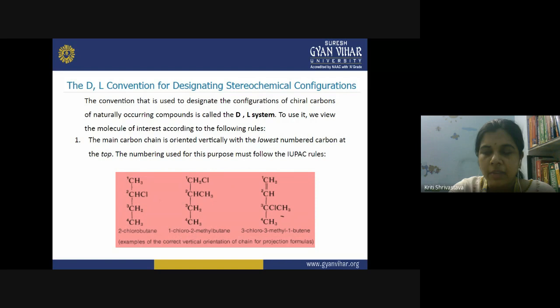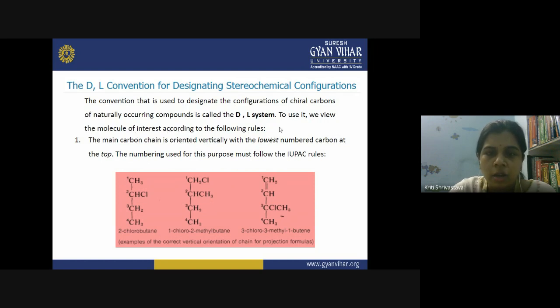Like maybe if you remember, I gave you the example of D-glucose and L-glucose. In the case of naturally occurring compounds, they are basically a mixture of two different isomers. So to each enantiomer we give this designation D and L, and to use it we view the molecule of interest according to the following rules.